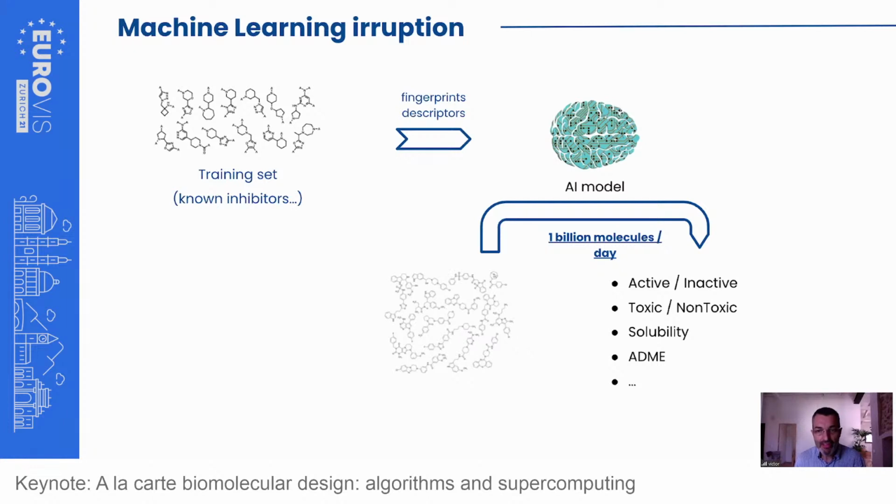But there's nothing else today in the market, at any level, experimentally, computationally, anything, that can screen 1 billion molecules in a single 24 hours. And that's something people were dreaming of 10 years ago. So it's very important, because if you really want to find the good molecule, you need to go to these sizes of libraries.